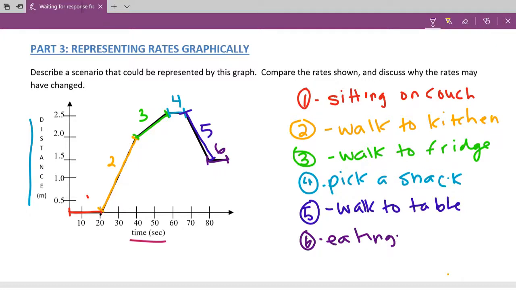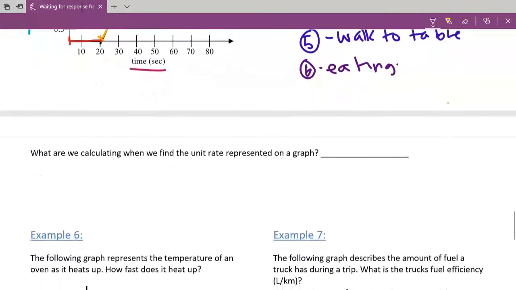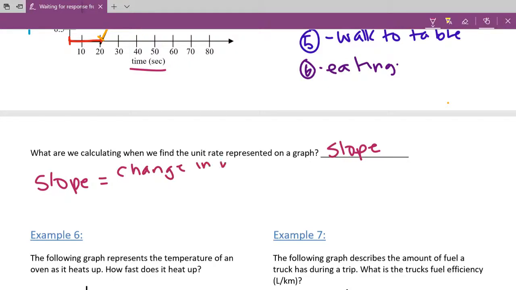And if we remember all of these values, the comparison of those two variables, this was a representation of the idea of slope. It's the comparison of y to x. If we remember slope, what it really is is a rate of change. It's talking about the change in y divided by the change in x.